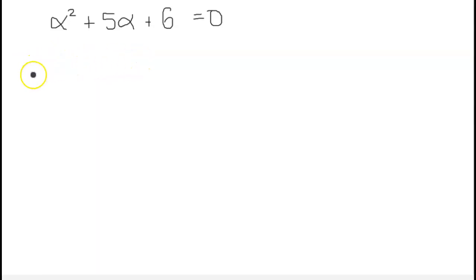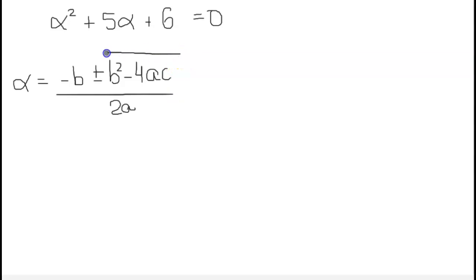Let's use the quadratic formula. So alpha equals minus b plus minus square root of b square minus 4ac, over 2a. Now in this one, the a is what's attached here. This is a, this is b, and this is c. So a is 1, b is 5, and c is 6.